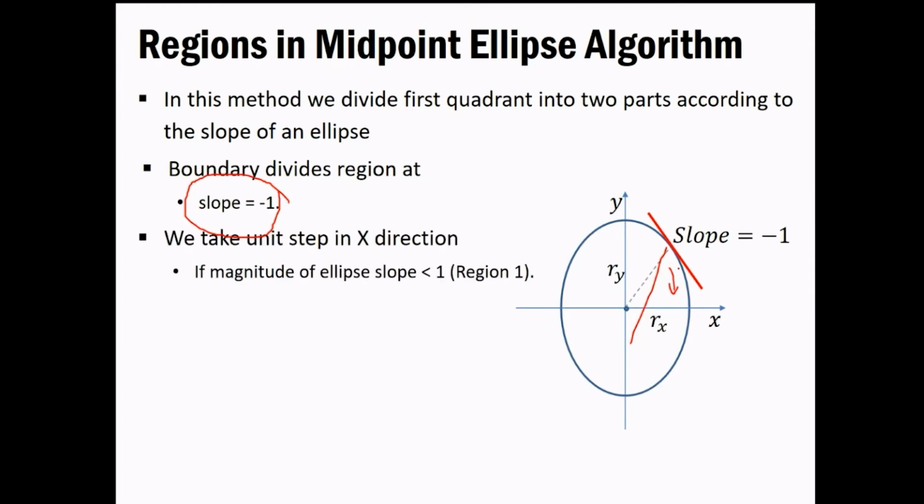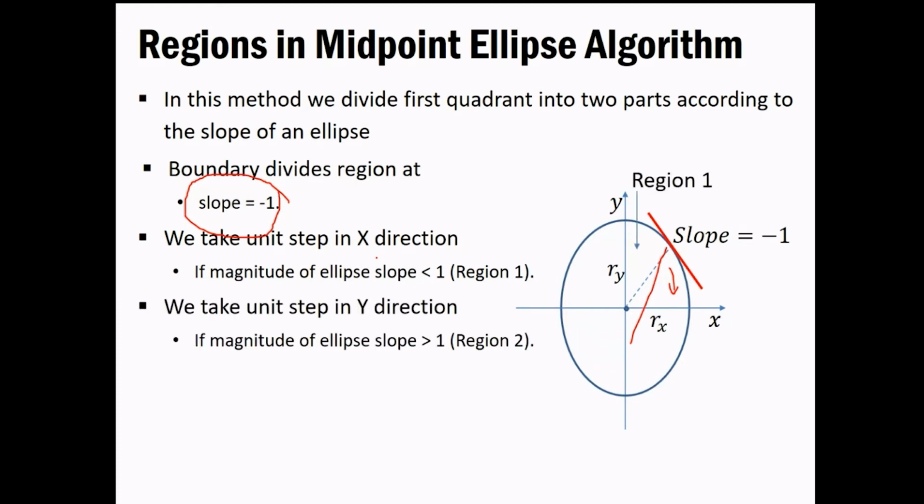Now what it says is, we take a unit step in the x direction if the slope is less than 1. Keep this in mind. When you are working in region 1, you just go in the x direction and add one to the value in each and every iteration.